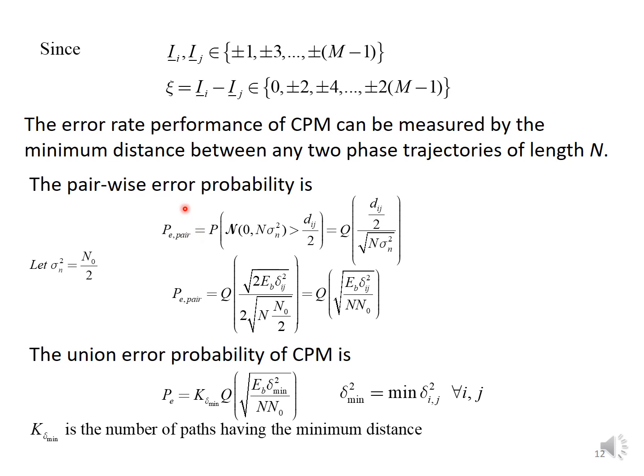The pairwise error probability between any two phase trajectories.